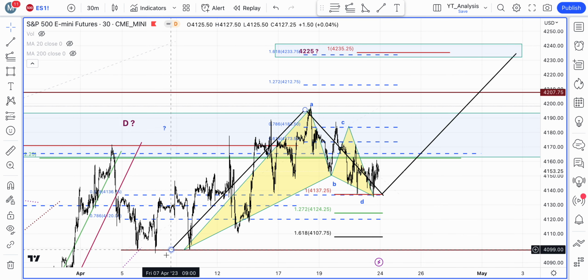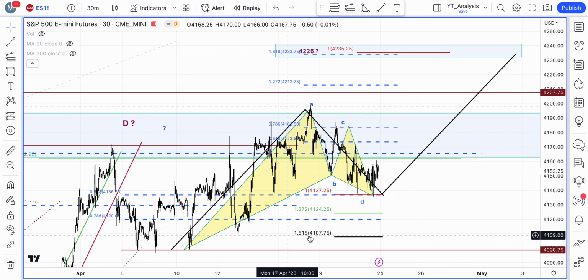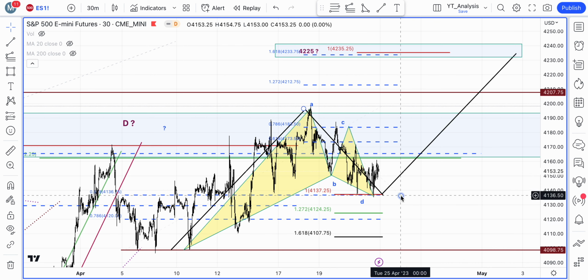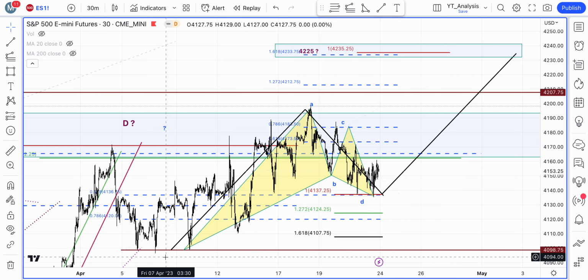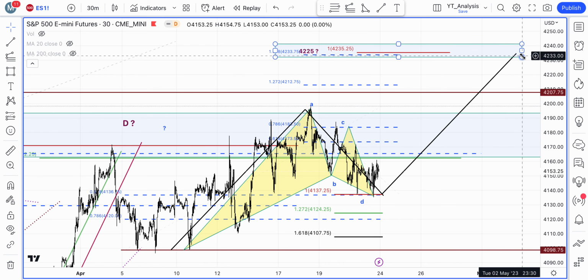Now the key thing is that this low of last Thursday and Friday, 41.37 thereabouts, remains as the low. Then this gives us a one-to-one projection of ABCD higher here.